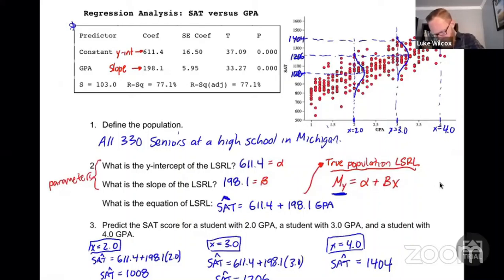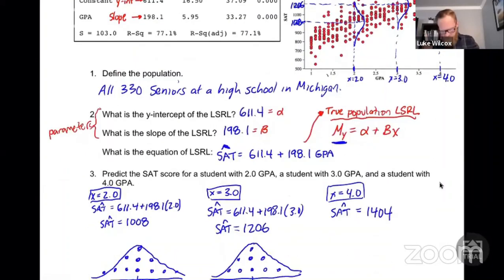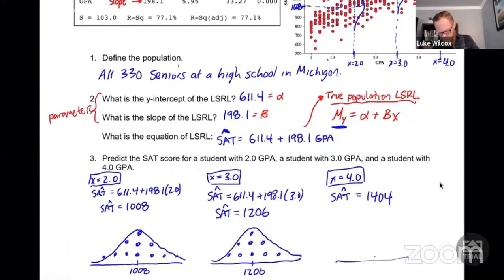Got another normal distribution here, where the center of the distribution is at about 1404. So just to finish off my picture here, 1404, most values close to it, a little bit less as we get further away, and we've got this normal distribution here.